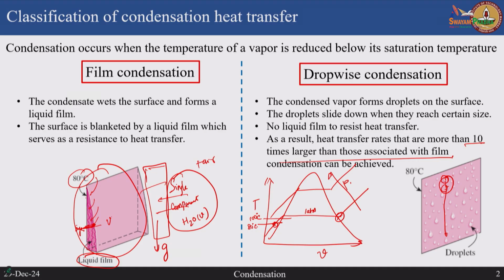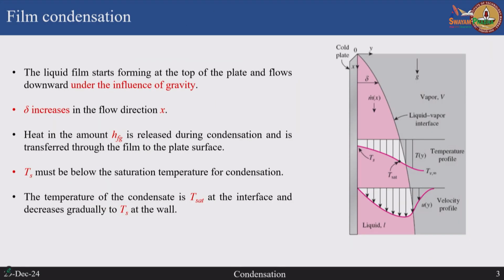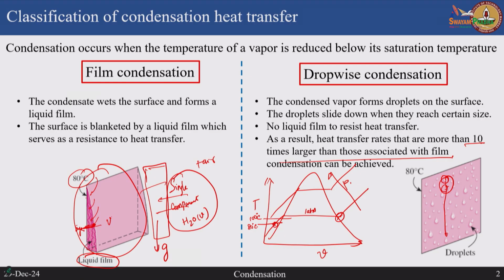If you do this in the presence of air, even the nucleation will be delayed to such an extent that you do not get any condensation and the condenser will not work. So maybe it is better to operate in film condensation mode in that case. Therefore, it is not as simple and straightforward as such. But generally, the rate of condensation with dropwise condensation is definitely much higher than with film condensation.